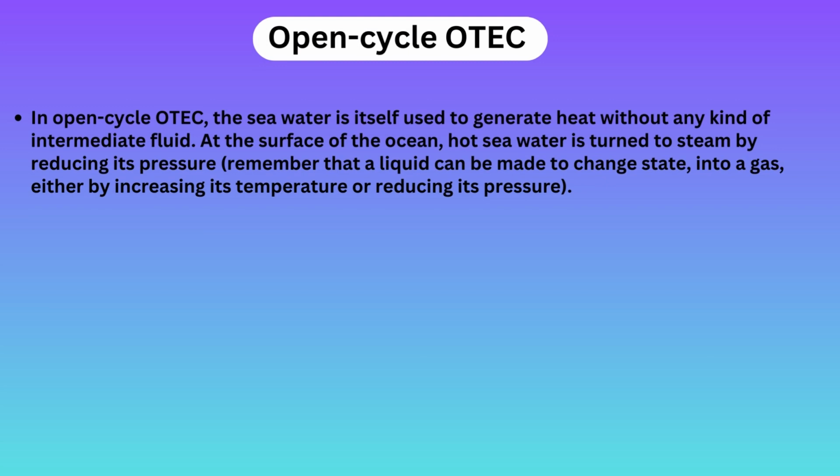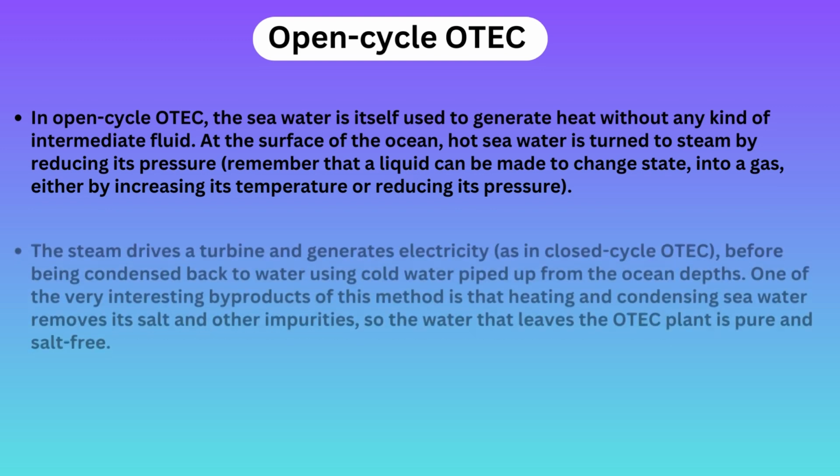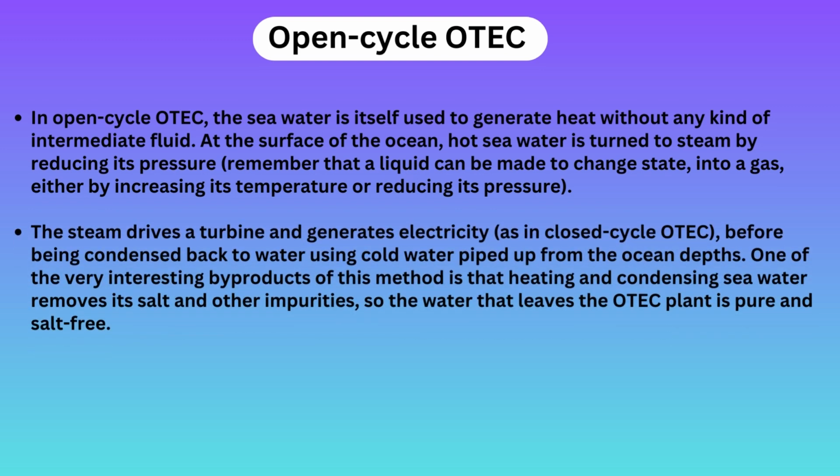And just remember that a liquid can be made to change state into a gas either by increasing its temperature or reducing its pressure. So the steam drives a turbine and generates electricity, similar to the closed cycle system.